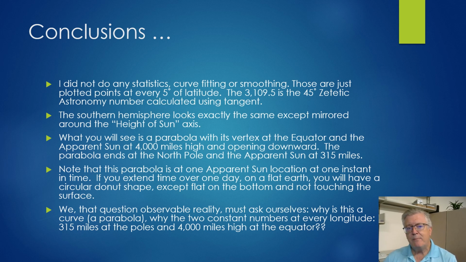The southern hemisphere looks exactly the same except mirrored around the height of the sun axis, which I'll show you in a minute. When you see the two triangles together, what you'll see is a parabola with its vertex at the equator and the apparent sun at 4,000 miles high, opening downward.